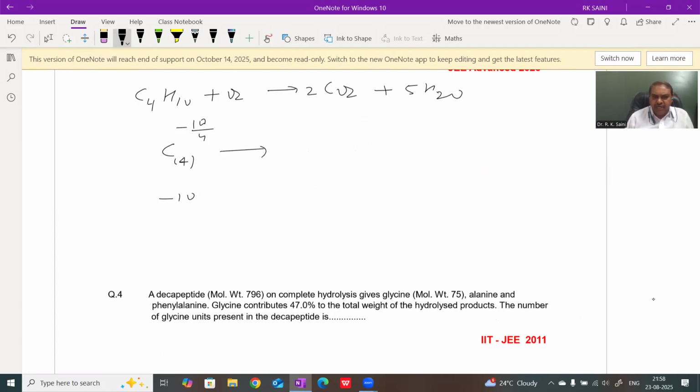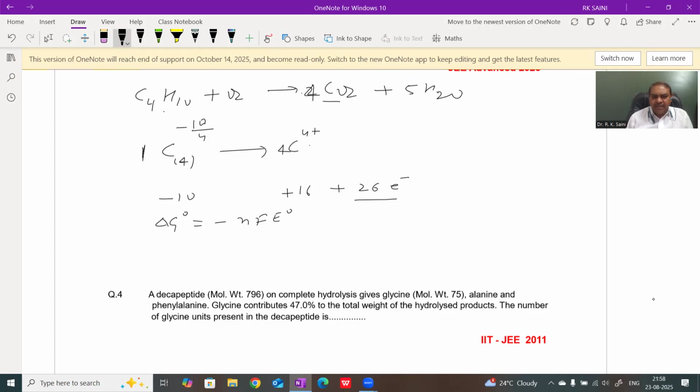On combustion, it changes into CO2, and the oxidation state of carbon is plus 4. Balancing the atoms, the total positive charge on the product side is plus 16. Hence we add 26 electrons. It means 26 is the n factor of butane on combustion. And now we know that delta G equals minus nFE.